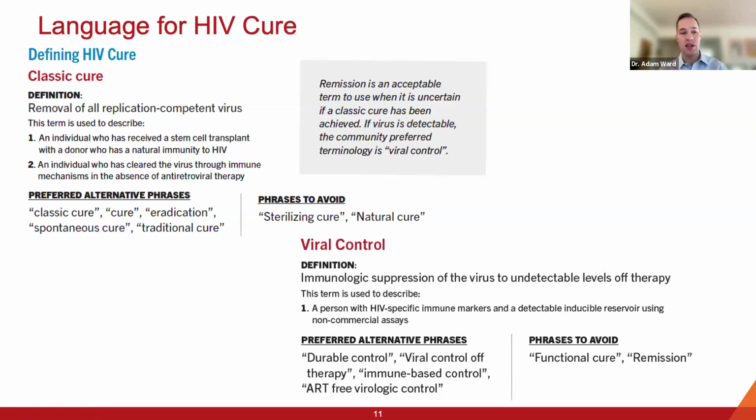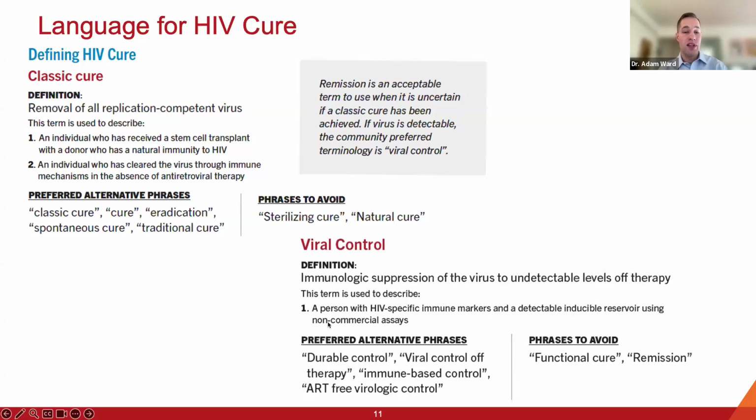So this is the classic concept of cure, but another concept in cure is viral control. The definition here is immunologic suppression of the virus, or some other form of suppression of the virus, to undetectable levels off of antiretroviral therapy. Some preferred phrases are durable control, viral control off of therapy, immune-based control, or antiretroviral-free virologic control.